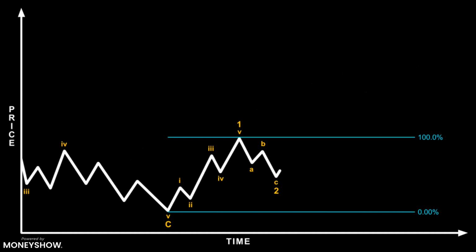It gives us a setup to use our Fibonacci tools and other tools, and we'll talk about Fibonacci pinball in just a minute, to project a high probability swing off of that ideal low for the wave 2, or in some cases a B wave.